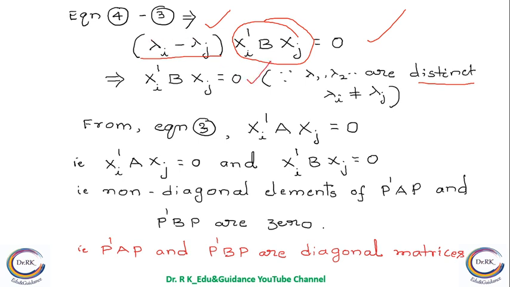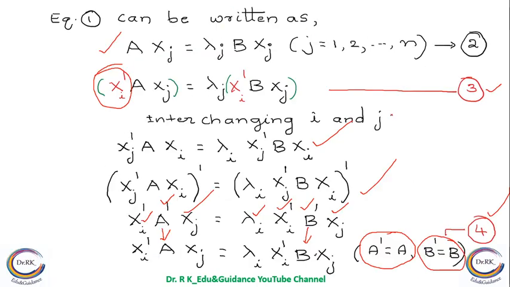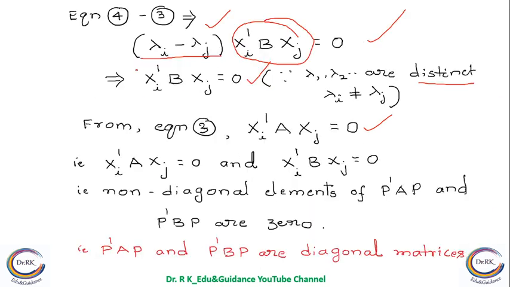So whenever this becomes 0, from equation 3 this also becomes 0. So that means xi transpose A xj and xi transpose B xj are both becoming zeros. Now, if you remember the discussion we had at the beginning, these elements are nothing but non-diagonal elements.